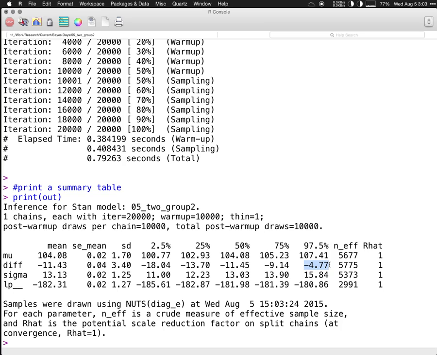So 0 is not a very tenable belief for the difference between the two data generating populations, so it would be reasonable to believe that the true difference for the data generating population is non-zero.